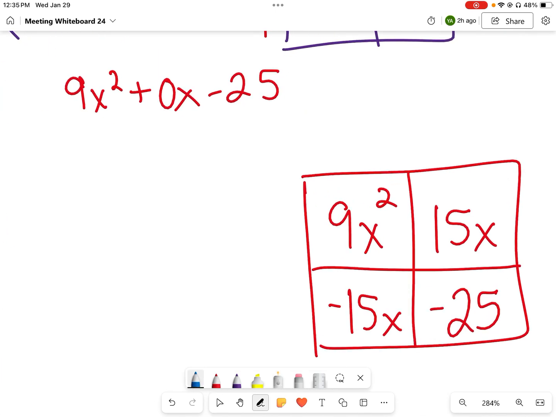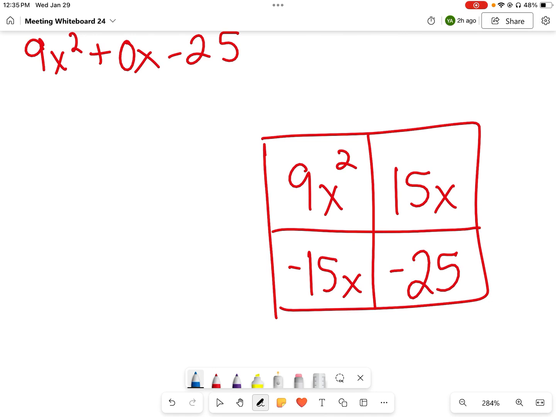So what times itself gives us 9? It's 3. 3 times 3 is 9. So this is 3x. So 3x times 3x is 9x squared. Then I look and see, well, what times 3x is going to give us 15x?